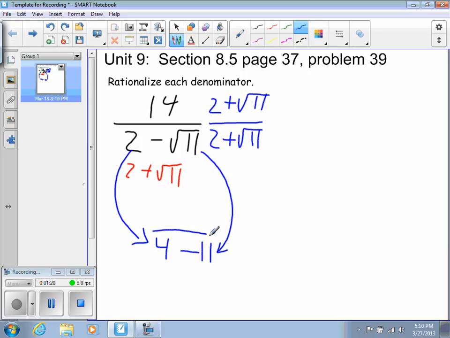Now let's take a look at the top of the fraction. For the top of the fraction, I'm going to need to distribute. So I'm going to get 14 times 2 is 28, and that's plus 14 times the square root of 11. Now we can simplify this a little bit farther.